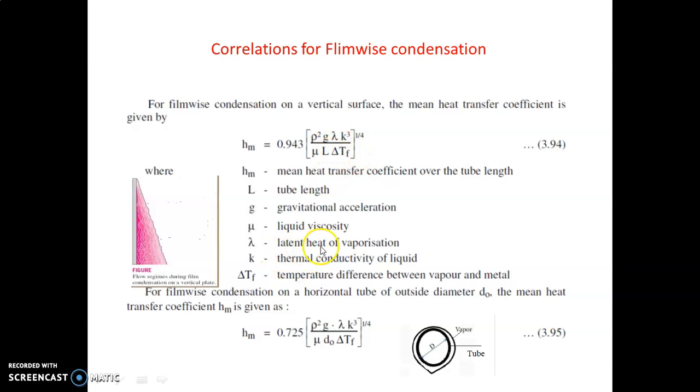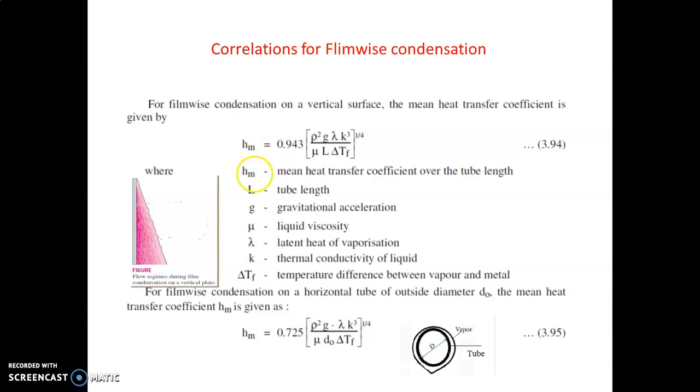Lambda is the latent heat of vaporization. K is the thermal conductivity of the liquid. Mu means viscosity of the liquid, and L means the length of the tube or that surface. Delta Tf is the temperature difference between vapor and metal. So you have to put all these values in this equation and calculate the Hm.